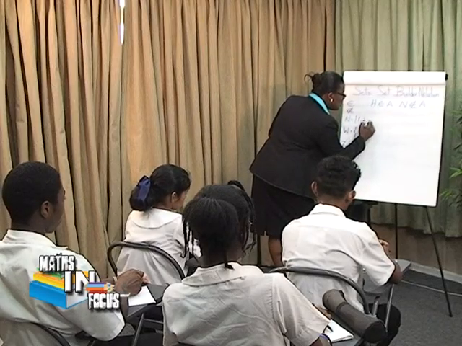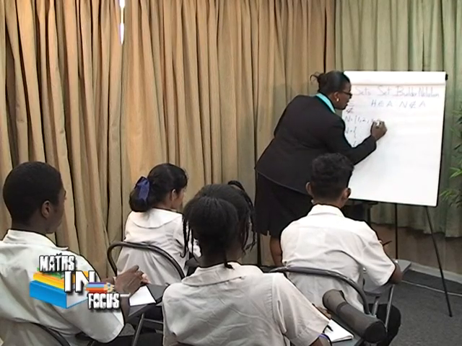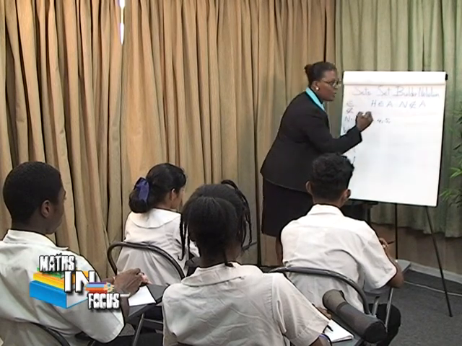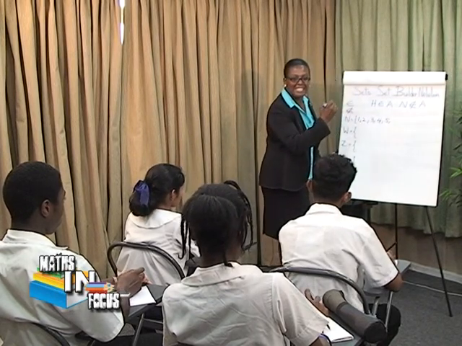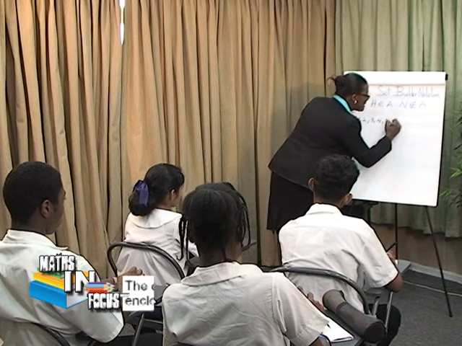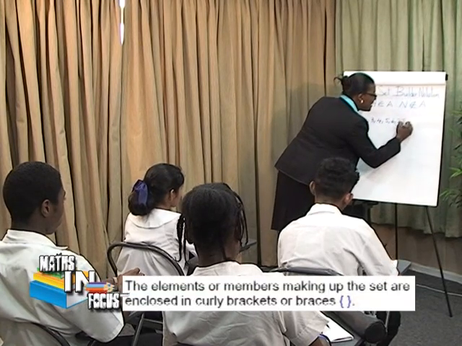Natural numbers. The set of natural numbers. And where do the set of natural numbers begin, Keisha? From 1. So we have 1, 2, 3, 4, 5. How far more should I go? To 9. Let's go. 6, 7, 8, 9.